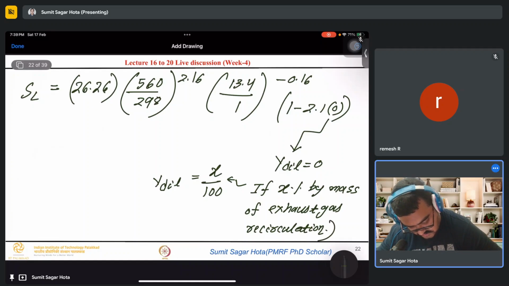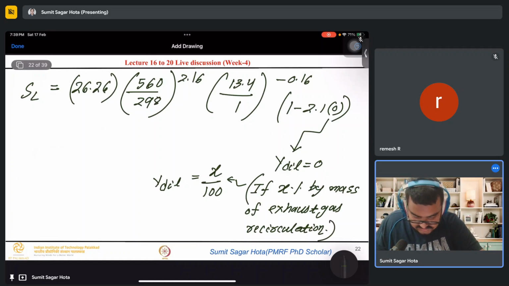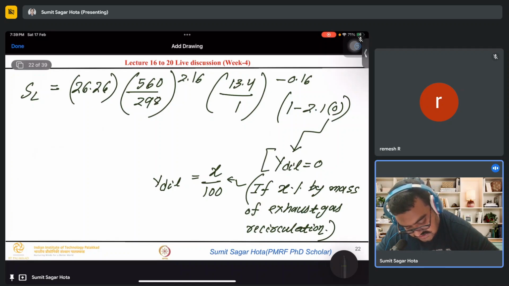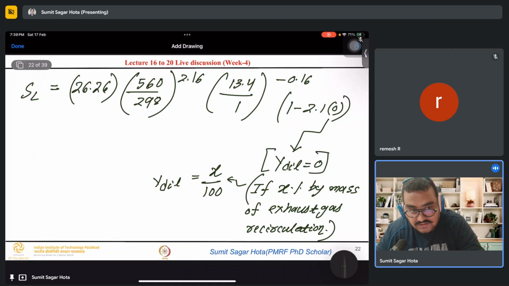Here in this question there is nothing told about how much of your exhaust gas is recirculated. So if nothing is given, we mostly assume Y dilation is equal to 0. That's the case here.